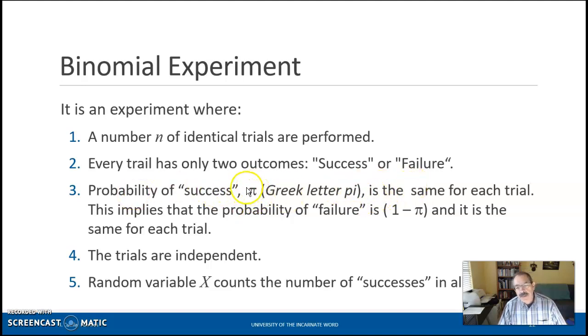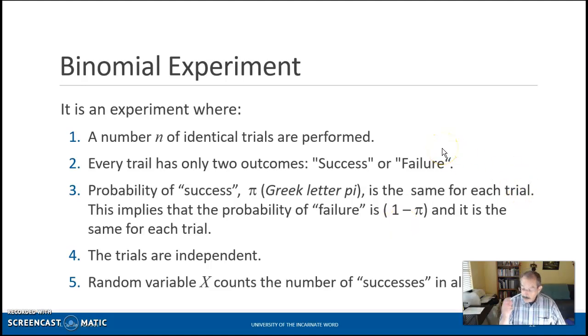And so the probability of success pi is the same for each trial. And because there's only 2 possible outcomes, then the probability of failure is just 1 minus pi, the complement. And again, is the same from trial to trial. So when you flip a coin, let's say the success is tails, so the probability of getting tails is 0.5. And the probability of getting heads is obviously 1 minus 0.5.